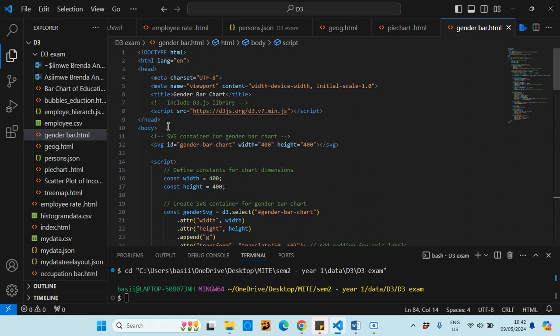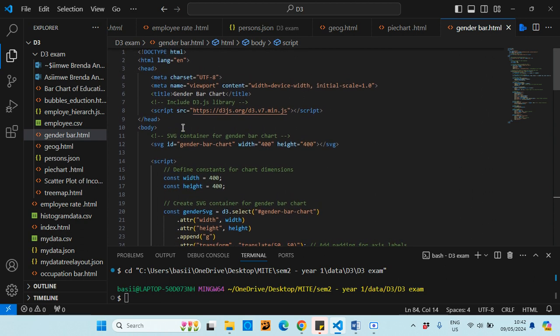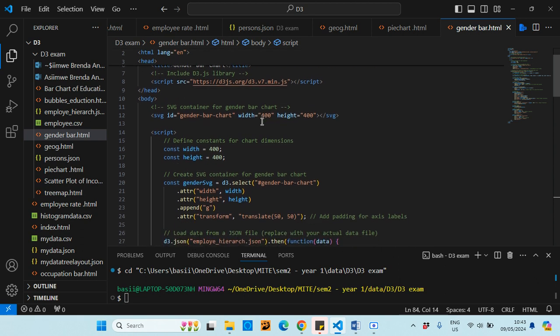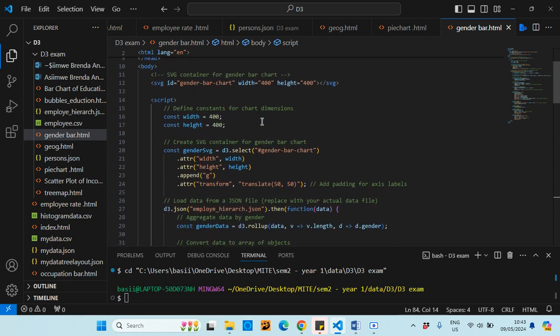In the head, we imported this link, which is for the D3 library, and this is the latest version I got, version 7. And then I loaded that in. Then we went into the body, and that is where the rest of the D3 code is.